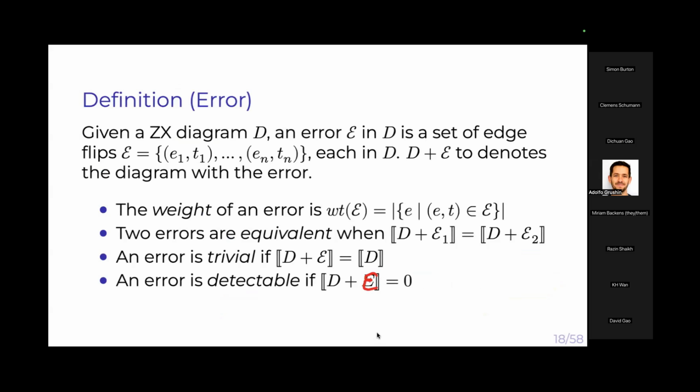Thanks. I also have a question. When you say the interpretation of a diagram, do you mean the linear map corresponding to that? So you mean you're evaluating your diagram in terms of a matrix representation? Exactly.